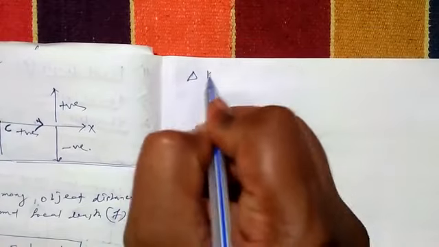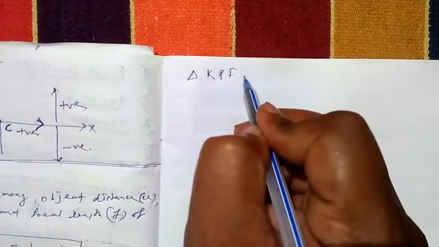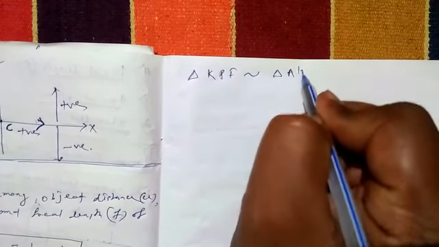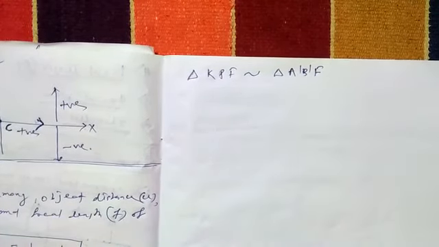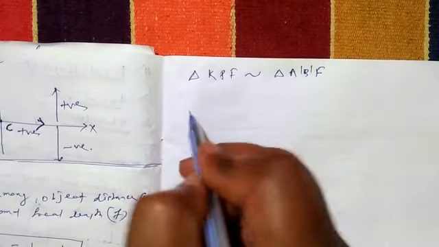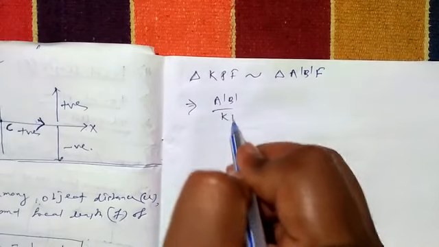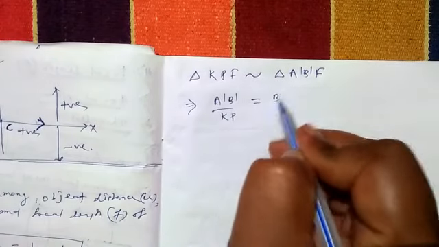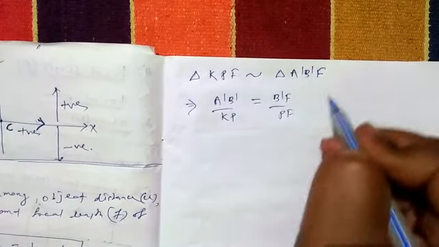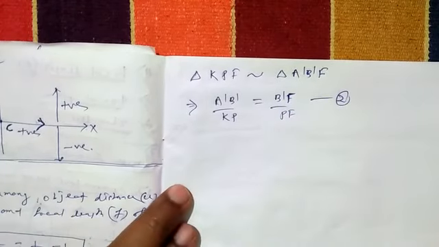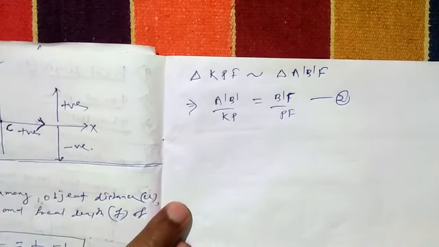So you can write triangle KPF and triangle A dash B dash F are similar. So you can write A dash B dash by KP is equal to B dash F by PF. Equation number 2.